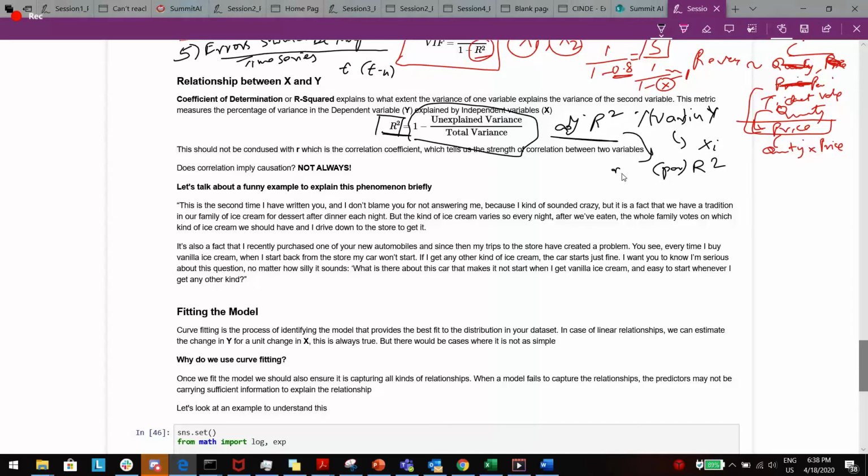It is something like (n minus k minus 1) divided by (n minus 1), where n is the degrees of freedom and k is the number of additional predictors we are using. In some cases, n is also referred to as the total number of independent variables.